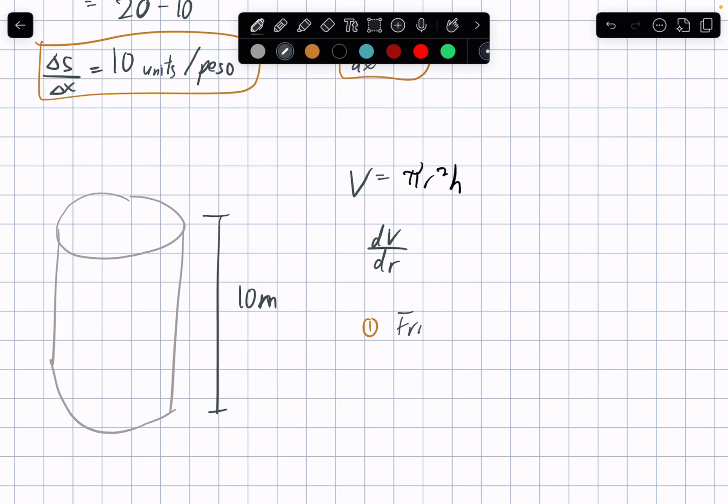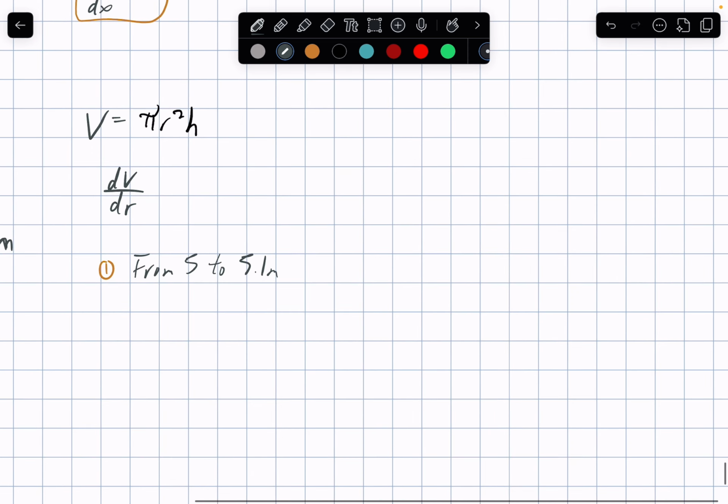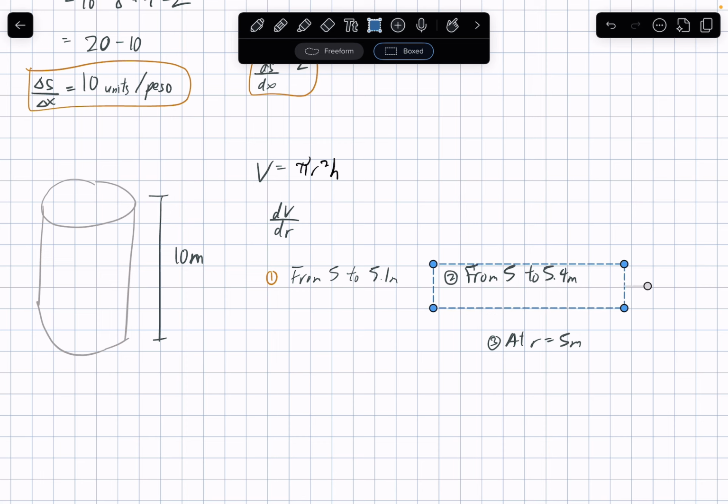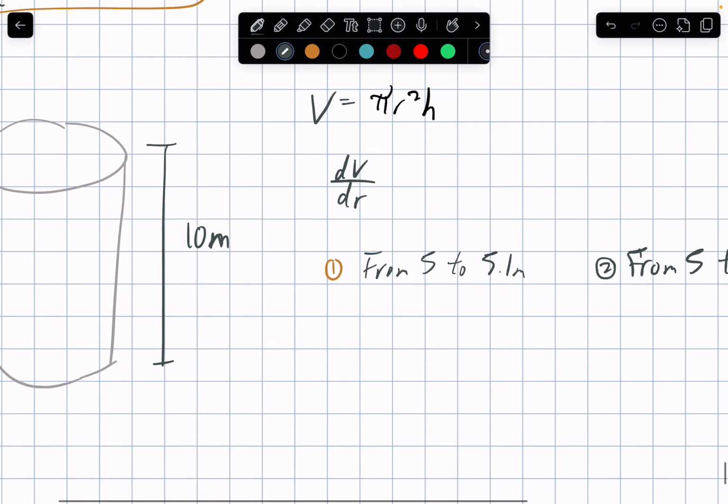If the radius changes from 5 to 5.1, second scenario from 5 to 5.4 meters, and at radius equal to 5 meters. Okay, so this is what we have to look for in terms of these 3 scenarios.